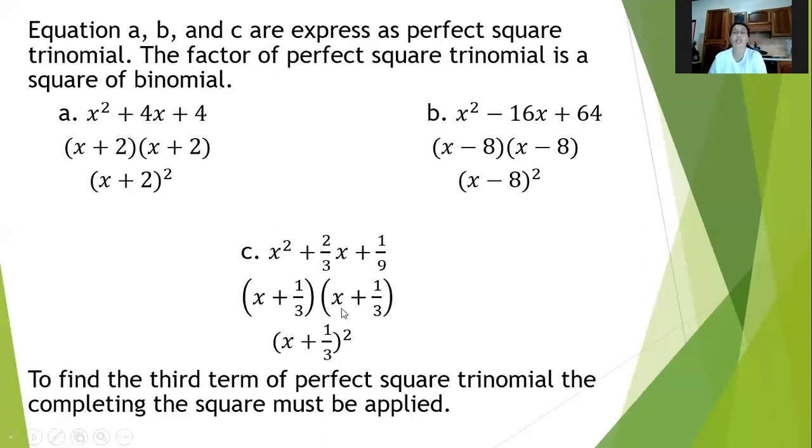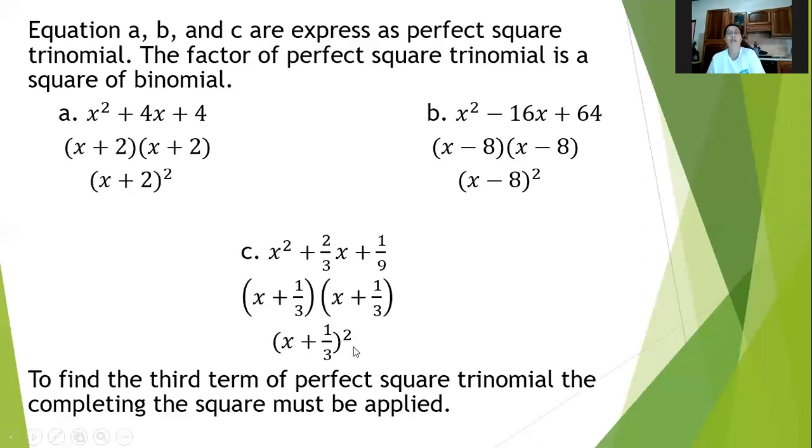Let us check the middle term. x times 1/3 is 1/3 x. 1/3 times x is also 1/3 x. 1/3 x plus 1/3 x is equal to 2/3 x. Express this factor in the square of binomial, that is x plus 1/3 quantity squared.